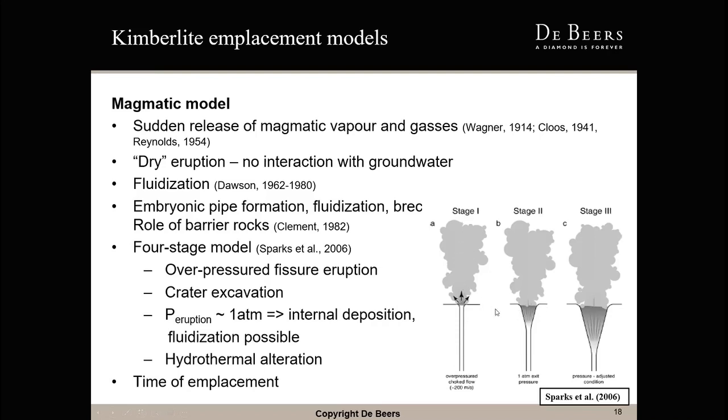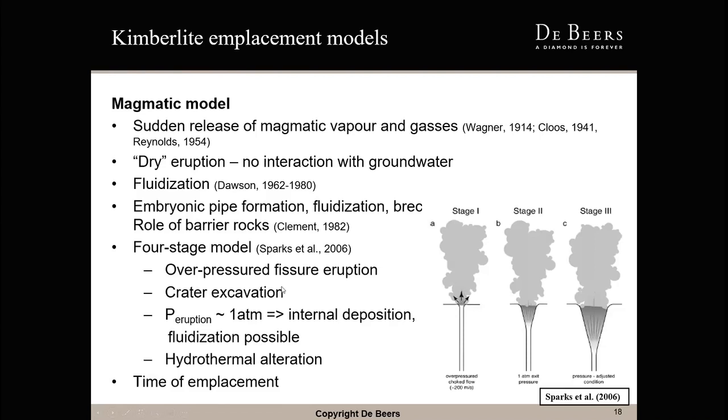But with time, obviously, particularly the upper parts of the crater become unstable, it becomes broken, it collapses inwards, and of course, in doing so, the vent widens and the pressure then decreases. Once this process carries on even further, at the point where the pressure of the eruption is equivalent to that of the atmosphere, internal deposition now becomes possible in the vent.